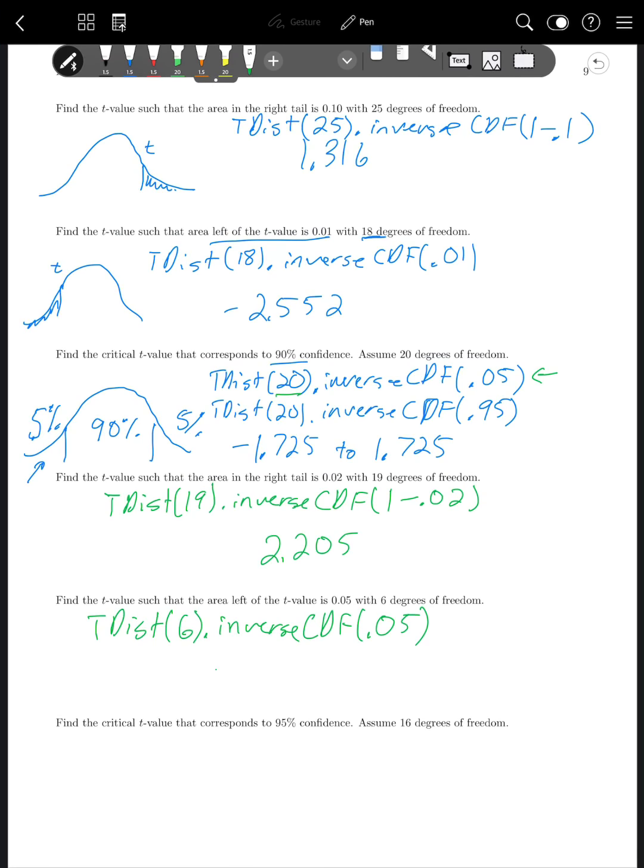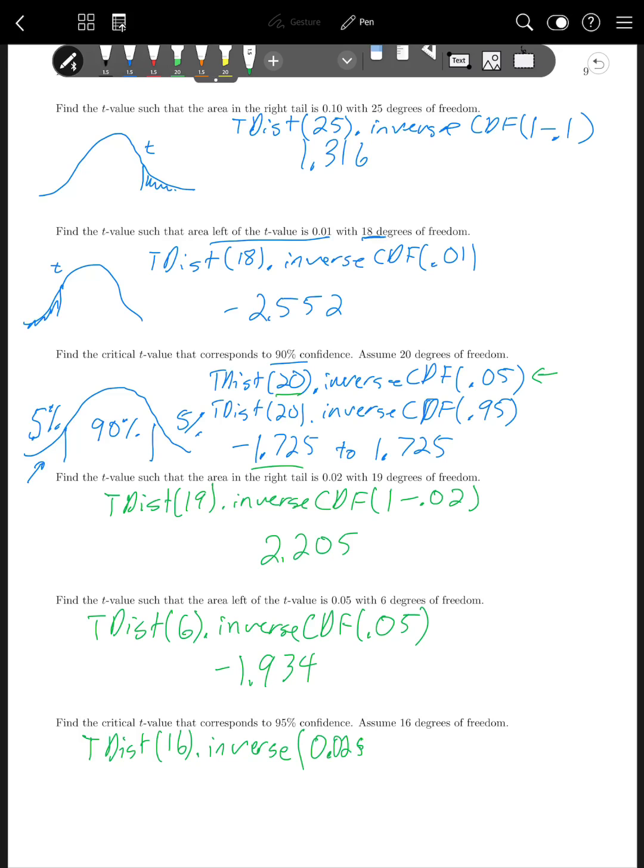So we should expect this one to be a little farther from 0 because it's going to be a little more stretched out, because remember, the smaller n is, the more stretched out the curve is. So if we put in our values here, so 6 goes in for degrees of freedom, and then 0.05, and we get negative 1.934. And like we said, we expected it to be a little farther from 0, which it is. When we had 20 degrees of freedom, it's negative 1.725, but this one is negative 1.934.